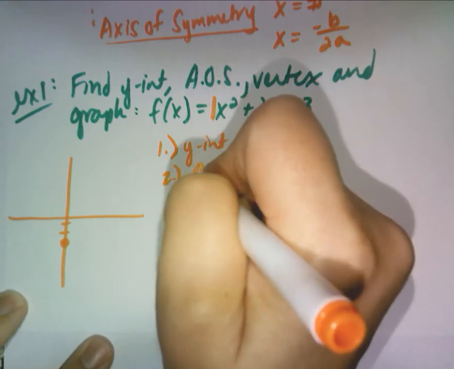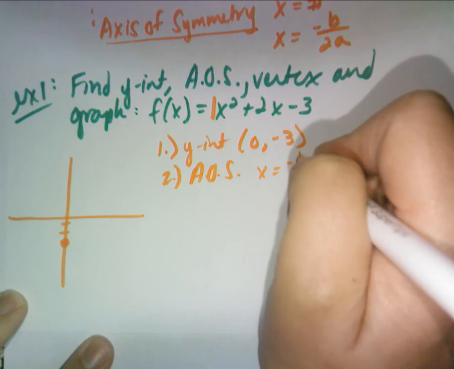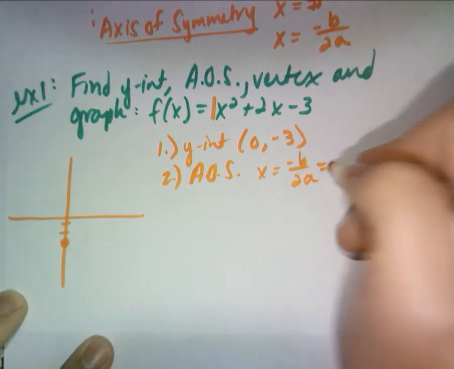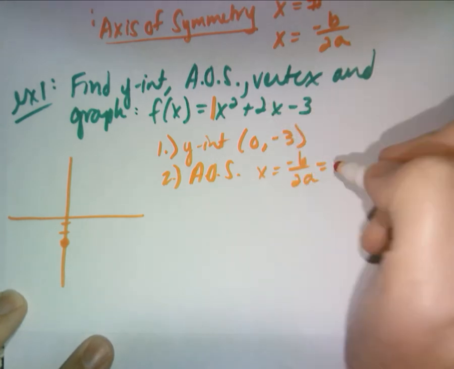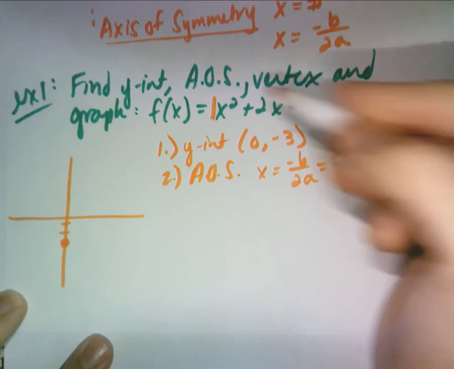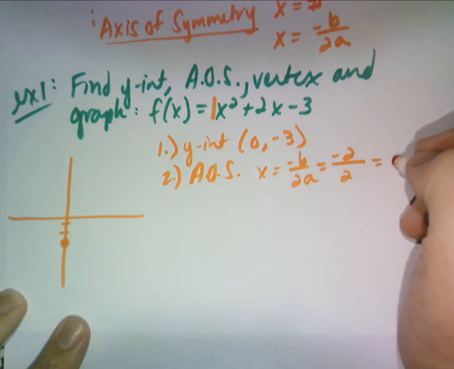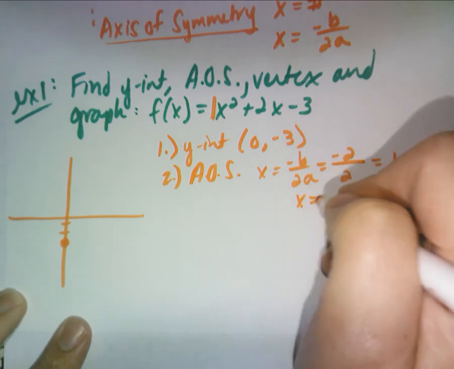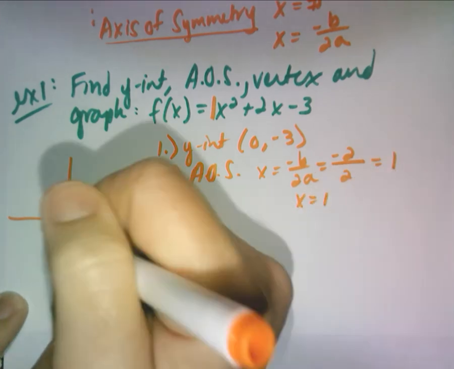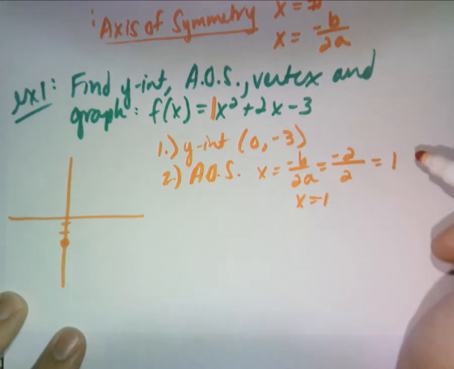Number 2, your axis of symmetry is, again, x equals negative b over 2a. So my b is 2, so negative 2 over 2 times 1, is 2. So negative 2 divided by 2 is negative 1. So x equals negative 1, isn't it? Yep. Thank you.